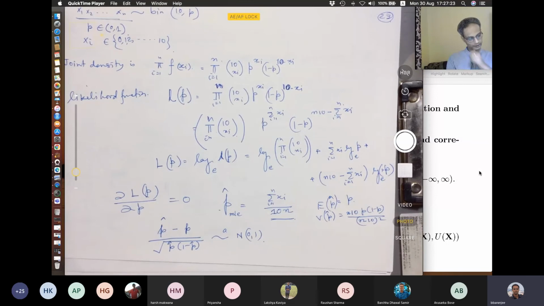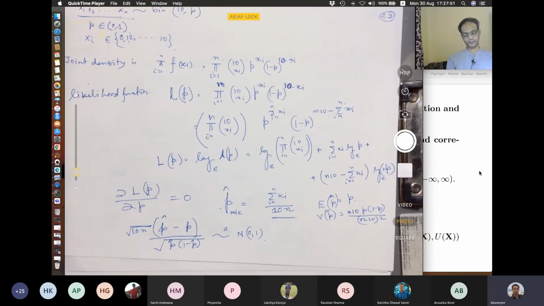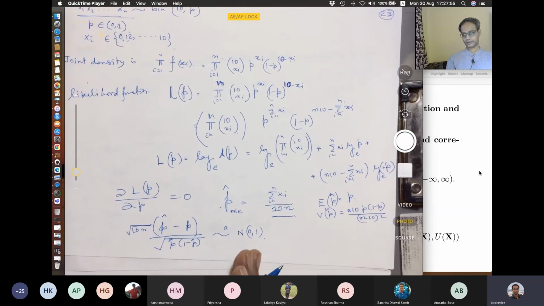So the variance of p hat is this. So p hat minus p divided by, okay, I need to multiply by this quantity, n 10, square root of that. So this quantity will follow a normal distribution.